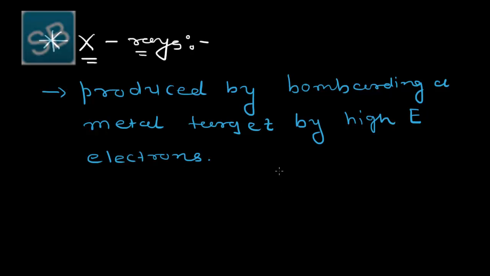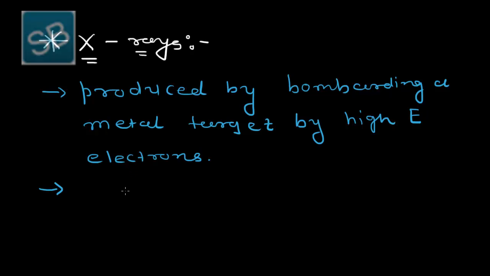So what will happen in this way? When a large amount of high energy electrons are bombarded on a metallic target, then there will be some reflection back, and such reflection will give us information about many interior parts of any object or any body, which we will see later on.